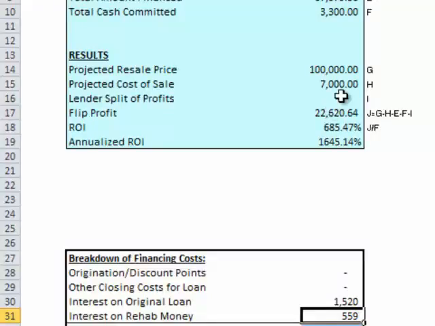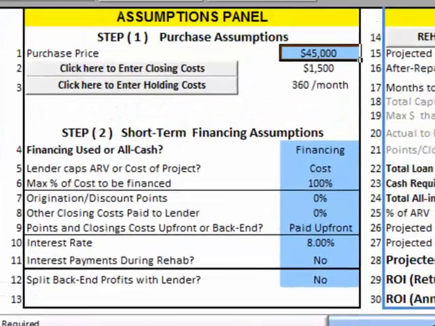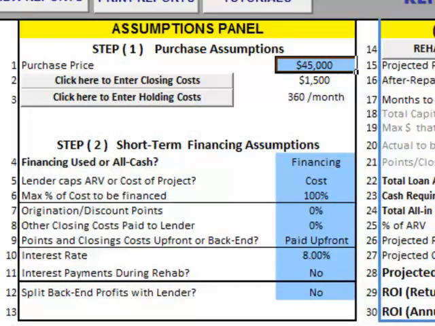Now, here's another cool thing that I like to do. You probably have a lot of, or at least a few friends, family members, acquaintances that have home equity lines of credit that are not being used.